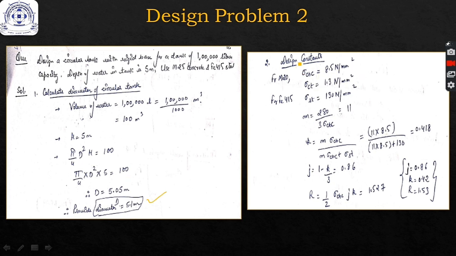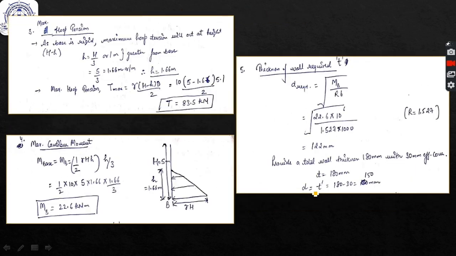Then we determine the design constants. We are using here M25 concrete and Fe415 steel. So using table numbers 1, 2 and 4 of IS 3370 part 2, we calculate the design constants m, k, j and R. I have explained this in detail in the previous problem.